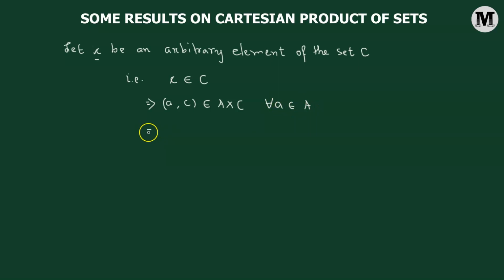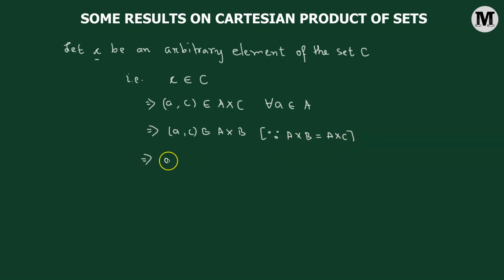Now that means we have the ordered pair (a, c) belonging to the Cartesian product of A and B, since it's already provided to us that the Cartesian product of A and B equals the Cartesian product of A and C.